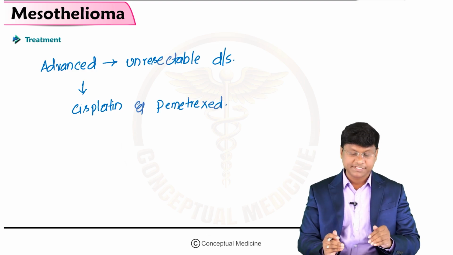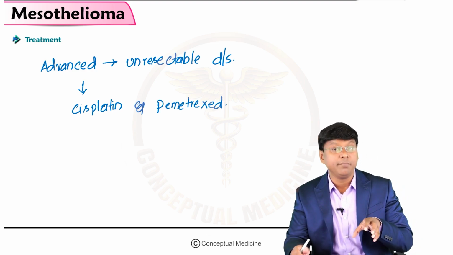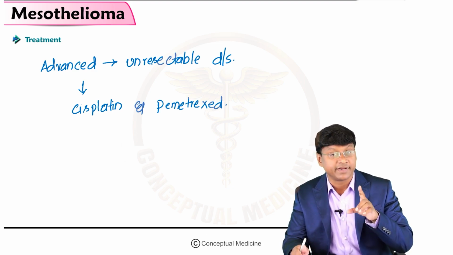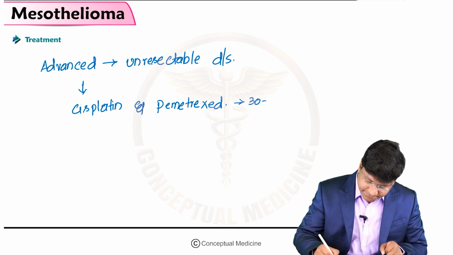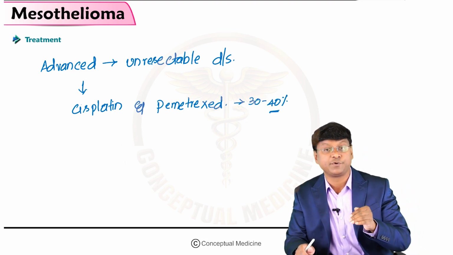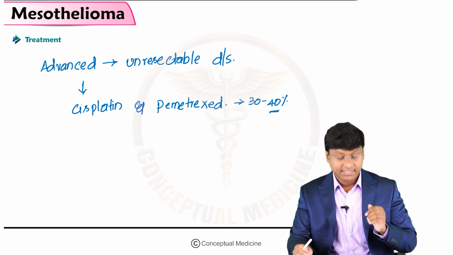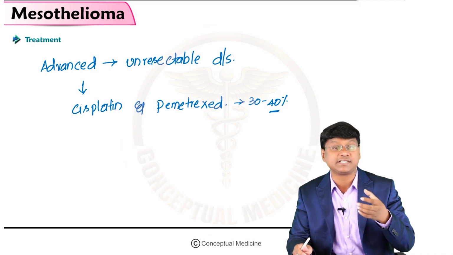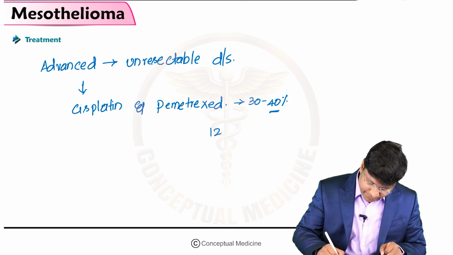Right, a combination of cisplatin and pemetrexed. This combination can achieve response rates up to 30 to 40%. And this combination will improve the survival up to 12 months.